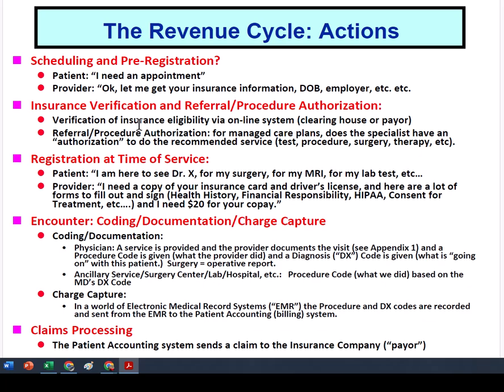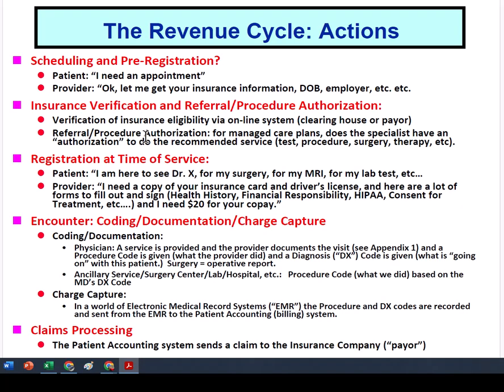So scheduling and pre-registration: patient calls, I need an appointment. Provider says, okay, let's get your insurance card, your date of birth, your employer, etc. I'm sure we've all done that as a patient. There needs to be some kind of an insurance verification process. Make sure you're still eligible.